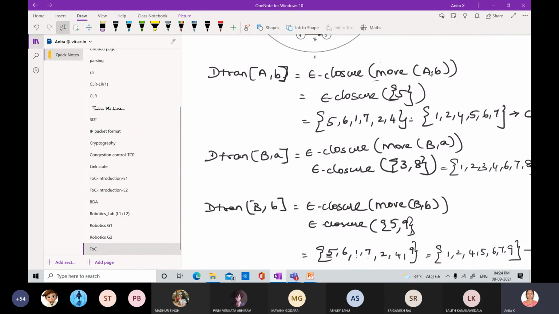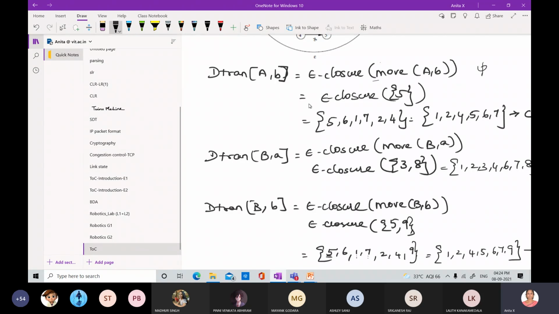Let us consider you are getting a resultant of empty for this. In the case of a deterministic automaton, each and every state should have a transition to some state on a particular input symbol. So empty is not possible.